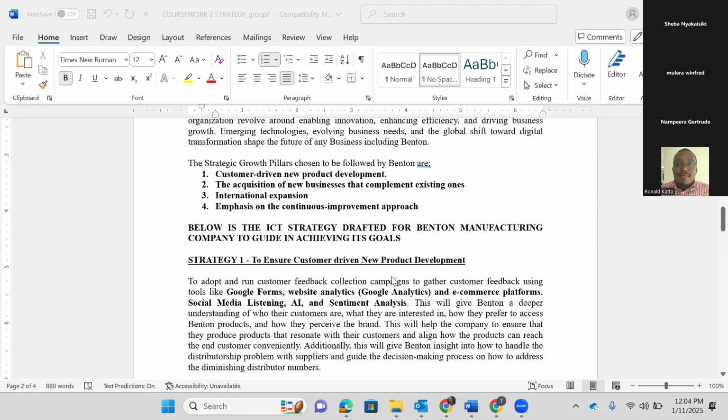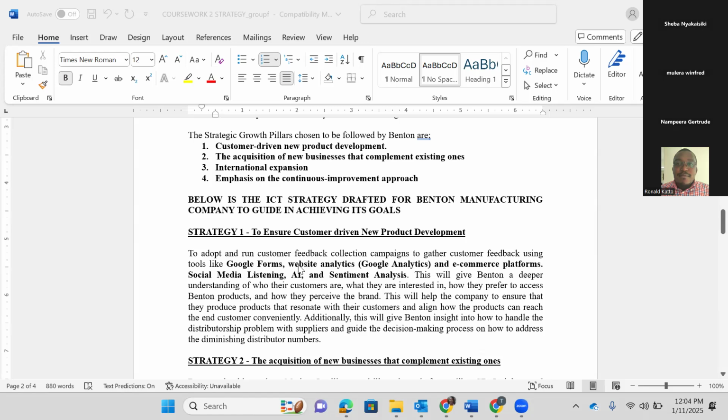So we are suggesting ICT intervention to actually achieve these objectives.